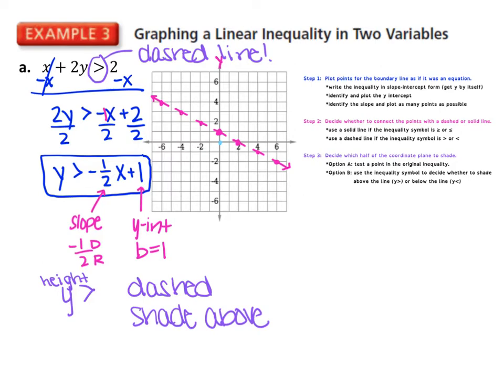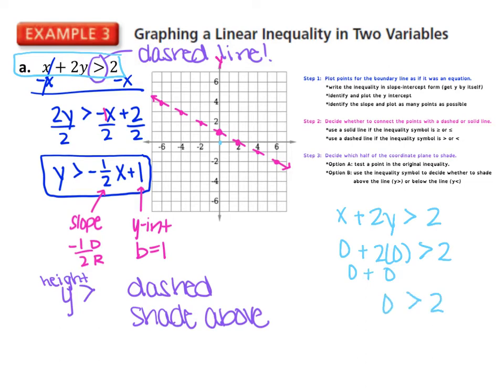So if I do, I should always test all the way back in my original problem. So x plus 2y is greater than 2. 0 plus 2 times 0 is greater than 2. Well, 0 plus 0 is still 0. Is 0 greater than 2? That means this point 0, 0 should not be shaded. So I'm going to shade on the other side.